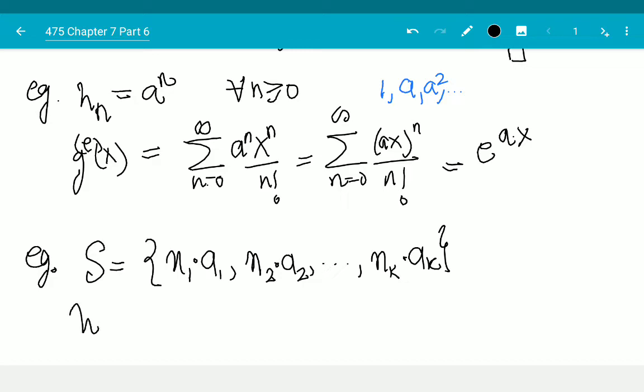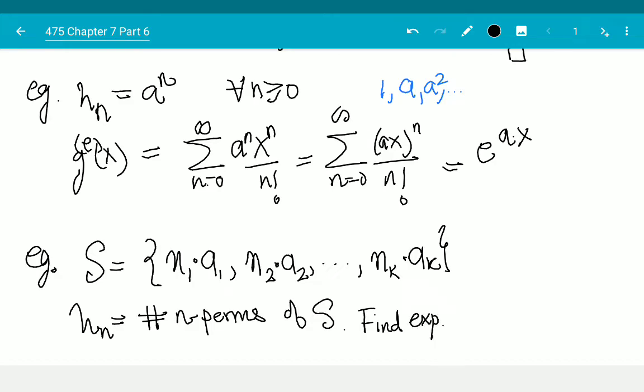I am going to say h_n is equal to the number of n-permutations of S. This is slightly difficult to count. We want to find the exponential generating function.